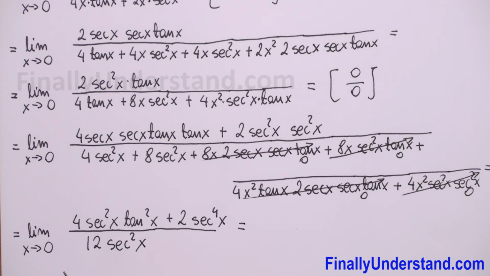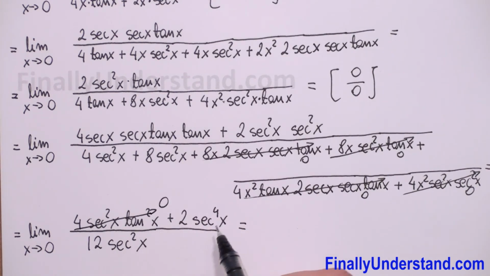X approaches 0. Secant of 0, we know that secant is 1 over cosine. Cosine 0 is 1. So secant of 0 is 1. 1 square is 1. But tangent 0 is going to 0. So this whole expression going to 0.